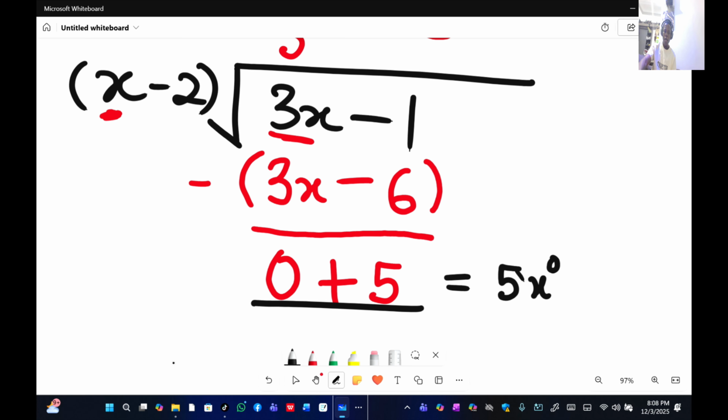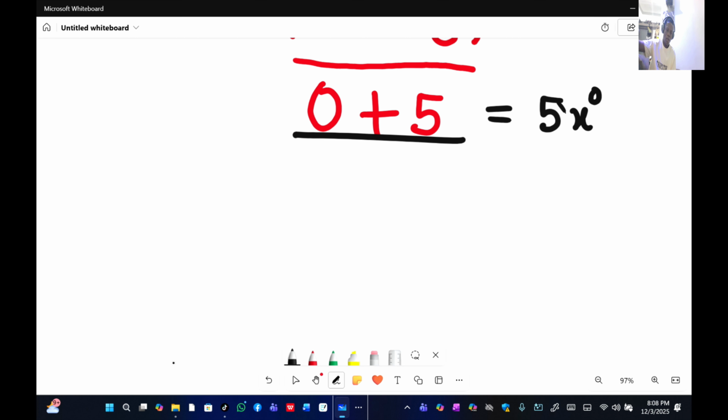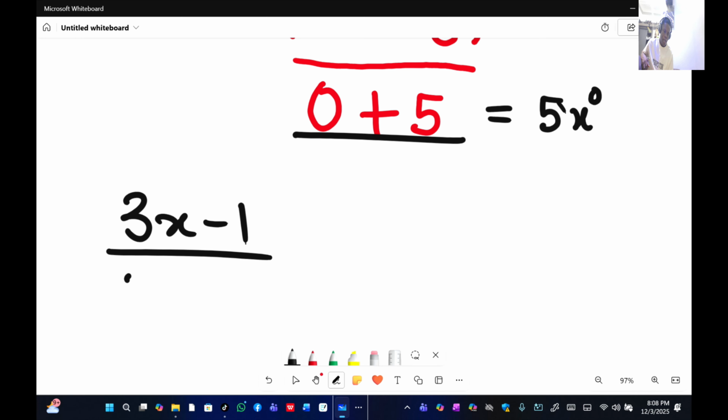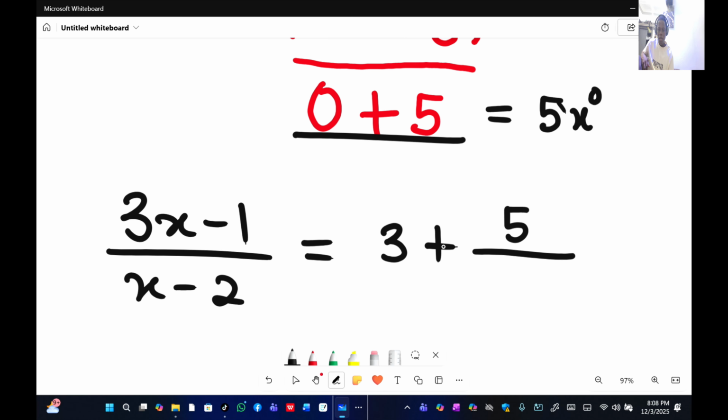So it's going to be 3 plus 5 divided by x minus 2. So 3x minus 1 divided by x minus 2 will be equivalent to 3 plus 5, which is the remainder, then divided by the divisor again.